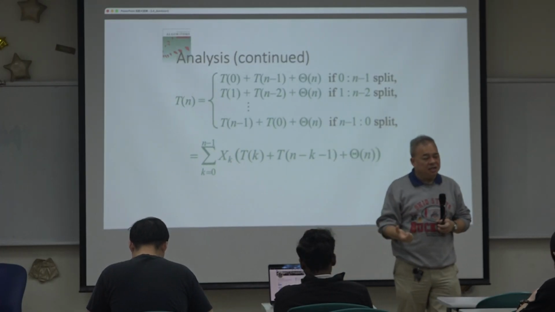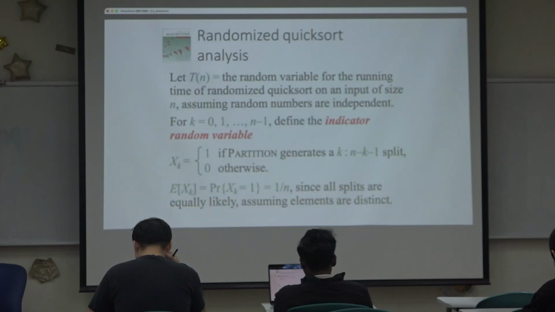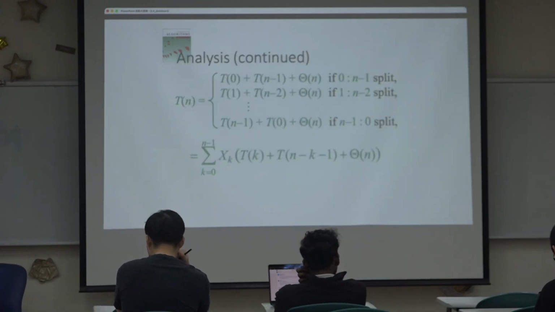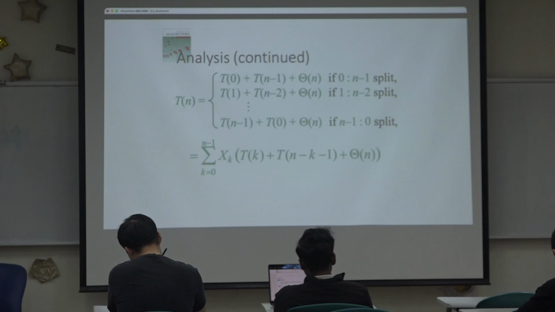This Xk indicates which case happened in this split. Remember, Xk indicates whether the partition generates the k, n minus k minus 1 split. Each time, when k is from 0 to n minus 1, only one Xk will be 1.